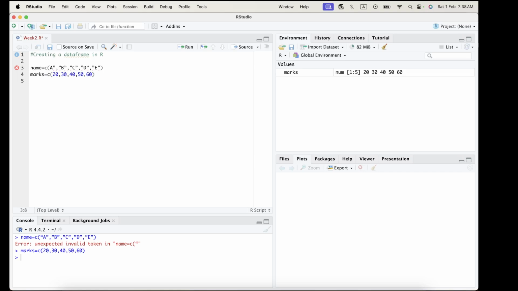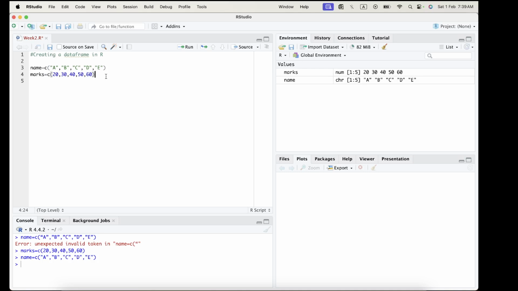Be careful when you copy code from elsewhere, because if the characters change, R might not work. Alright, so we have this character array of length 5, which stores the names. We also have the marks array, which stores the marks obtained by each of these 5 candidates.